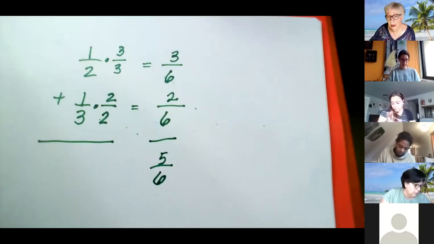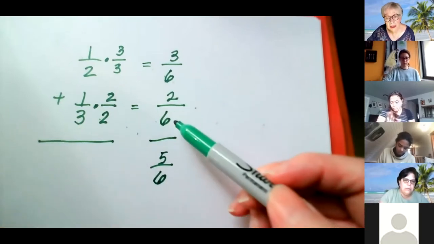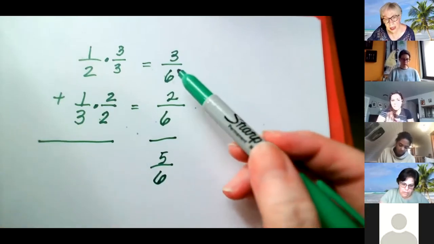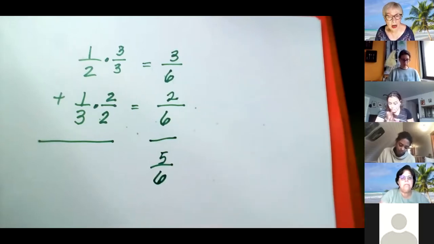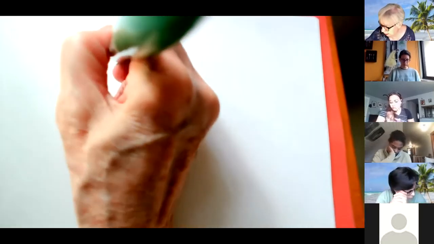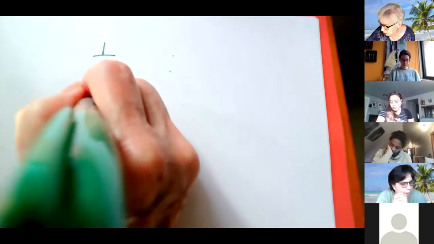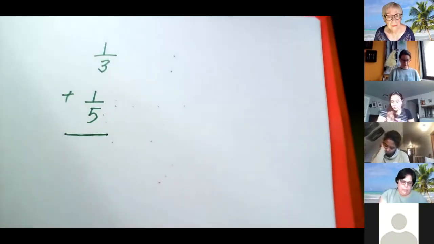So what did we need to add fractions? Common denominators, because we can't add them until we have it. This is the big job of adding and subtracting fractions. You have to have common denominators. Sometimes it's really easy to figure out. So I'm going to start with this.